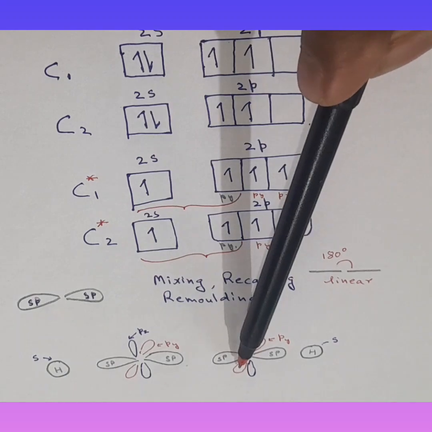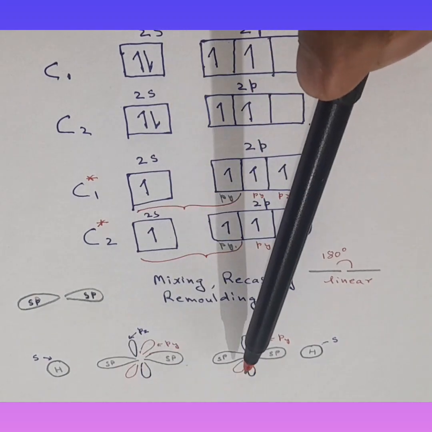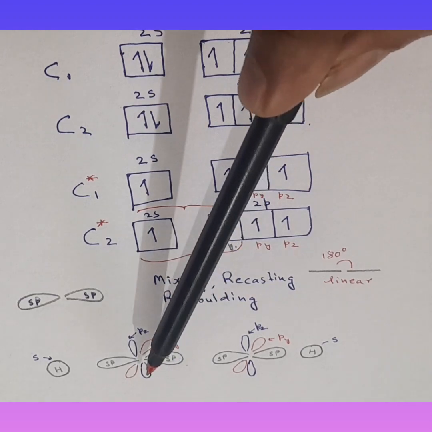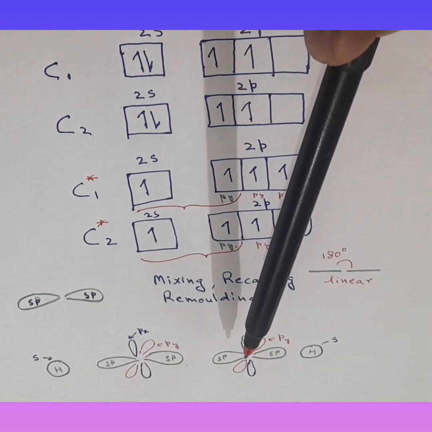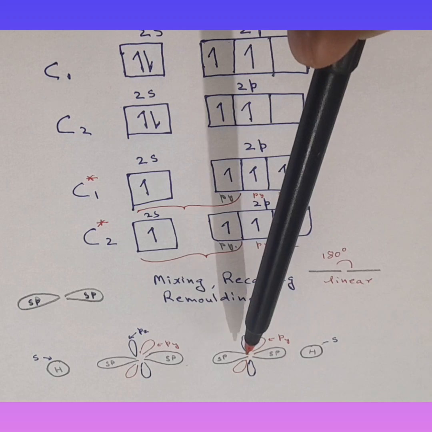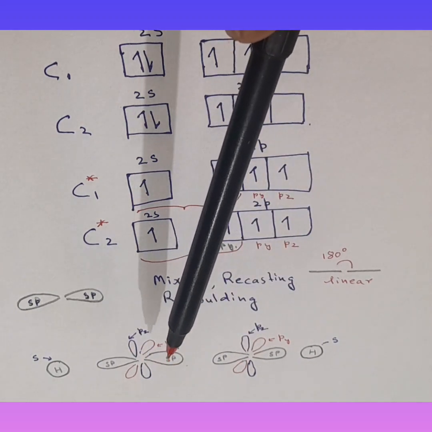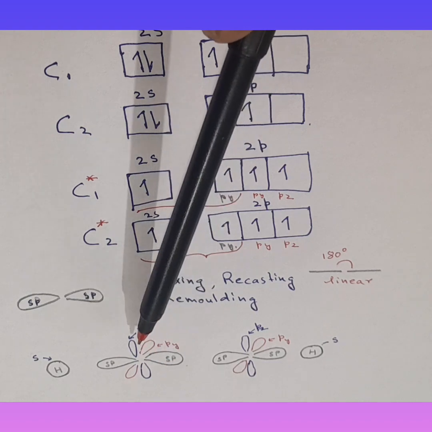Py and py would overlap laterally. Even pz and pz would overlap laterally. So we get two pi bonds owing to py overlap and pz overlap.